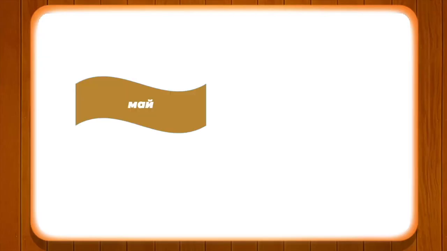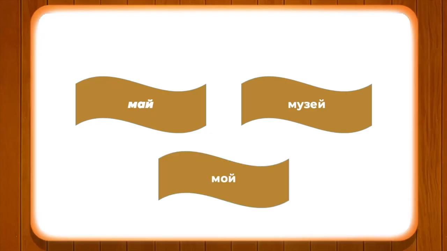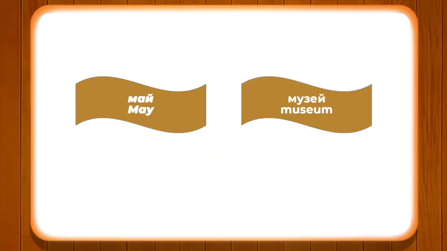They are interesting words, as you will find them very often used in your day-to-day communication, like my, muzye, moi. My means may, muzye means museum, and moi means my. All right.